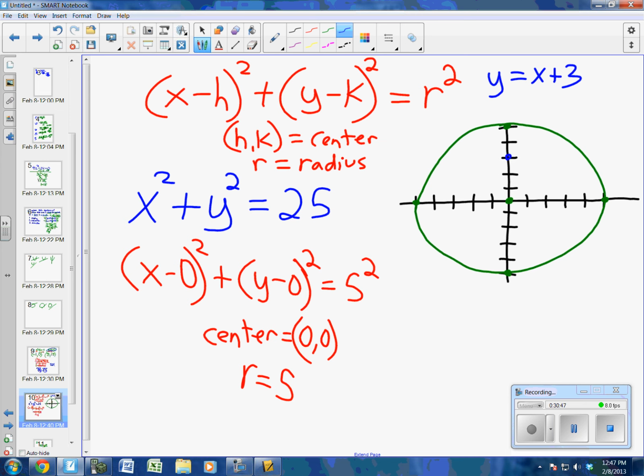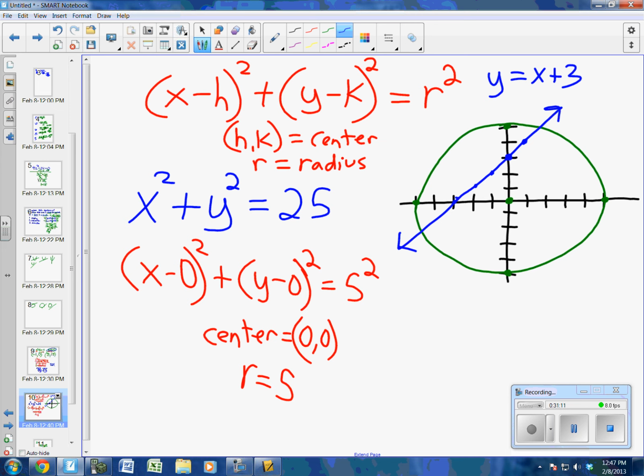So 1, 2, 3. What is the slope of this line? So go up 1, over 1, about right there. Or down 1 to the left 1, down 1 to the left 1, down 1 to the left 1. And so we have this line that goes like this and like this.